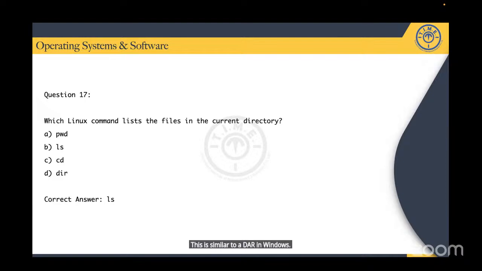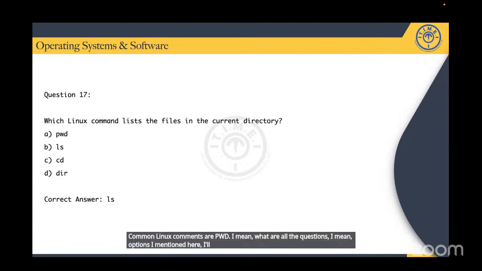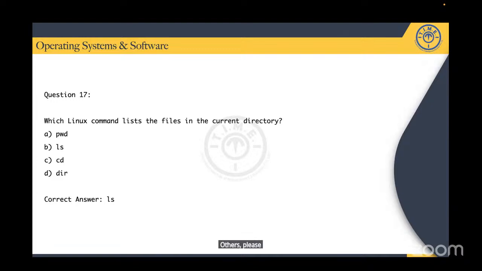Dir means directory. Common Linux commands: pwd shows path. cd, change directory. ls, list files. dir is a Windows command, not a Linux command.